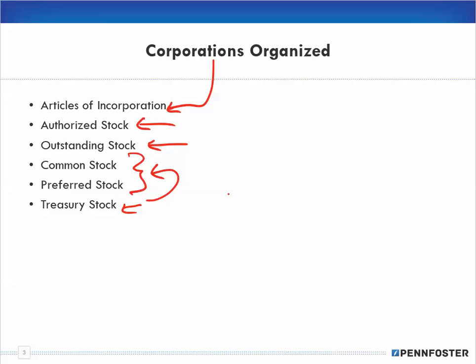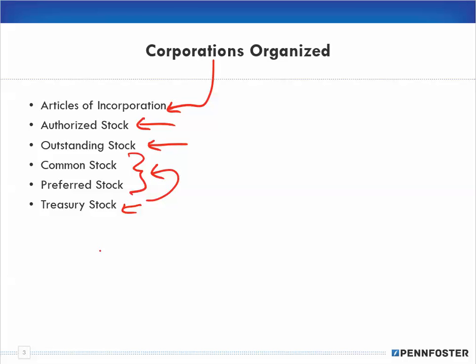And we'll get into all of that as we move forward into the rest of the theory videos. But those shares of stock that are purchased are our outstanding stock, and that's broken down into common and preferred. And then of course we can buy back some of that stock, and generally that helps boost the price of the shares of stock, and when we buy it back, that stock is called treasury stock.